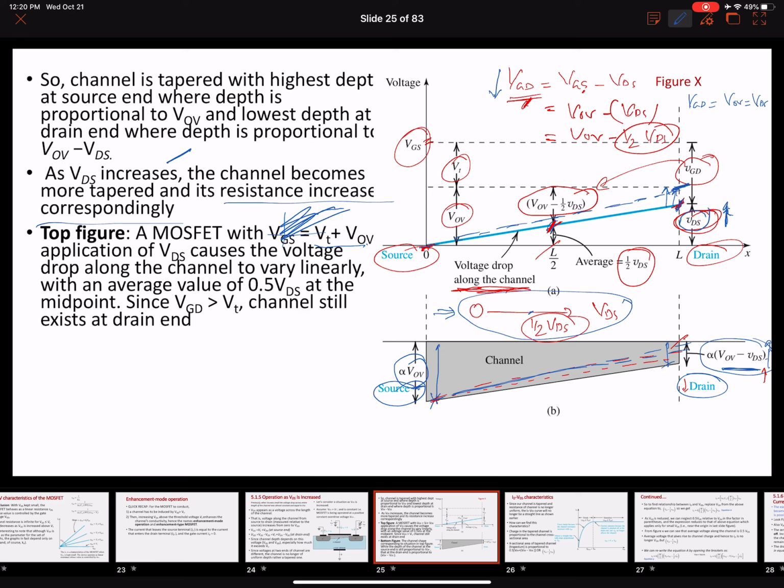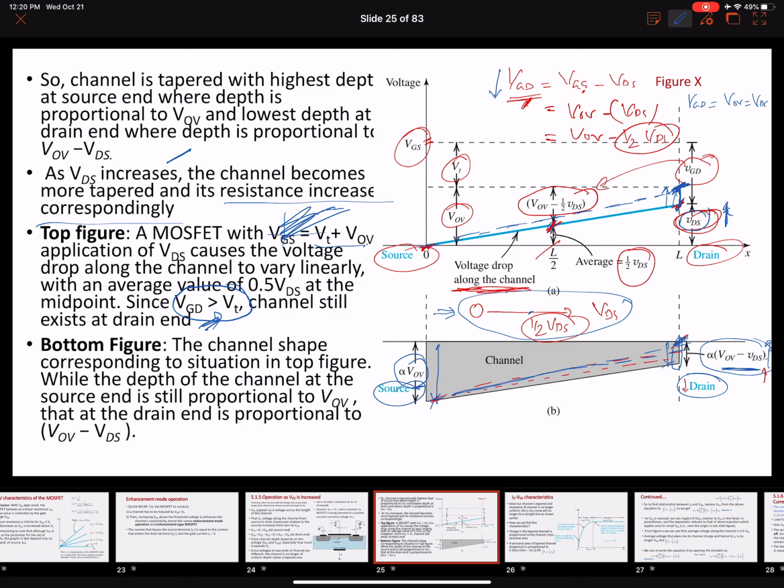And you will realize that as long as the potential at the gate to drain is greater than the threshold voltage, as long as there is still a depth over here, our channel will still exist at the drain end. We are going to discuss later the point when this depth will become 0.